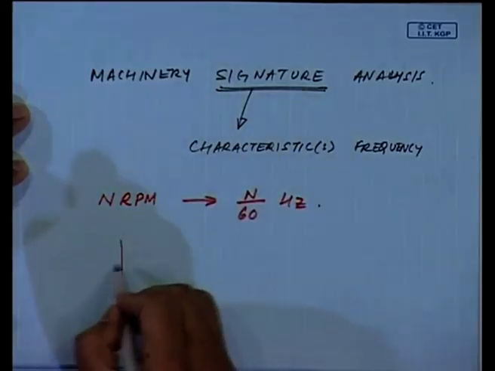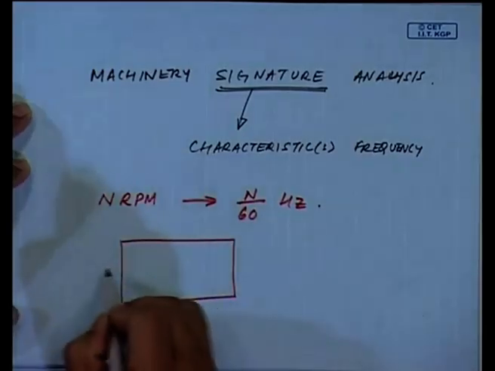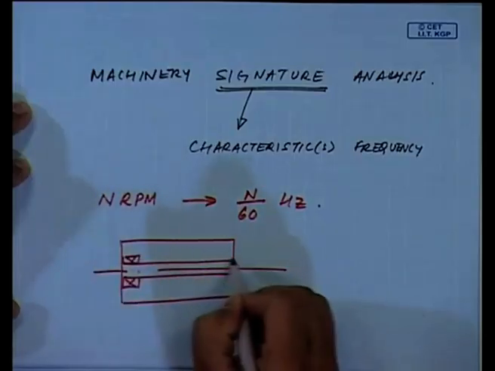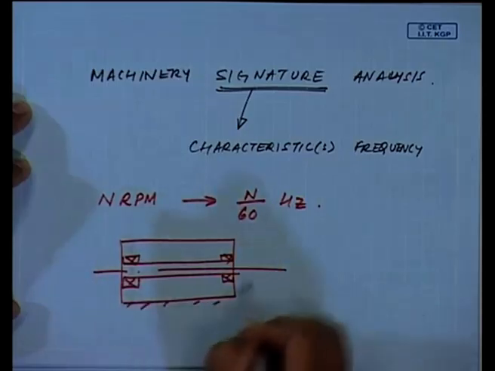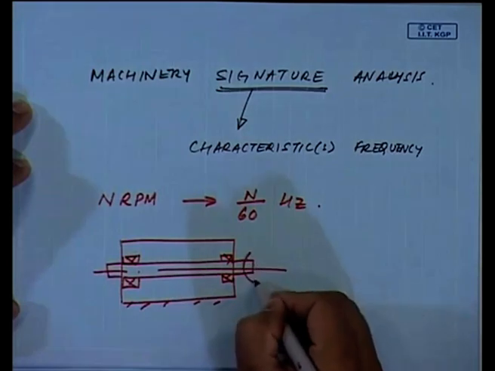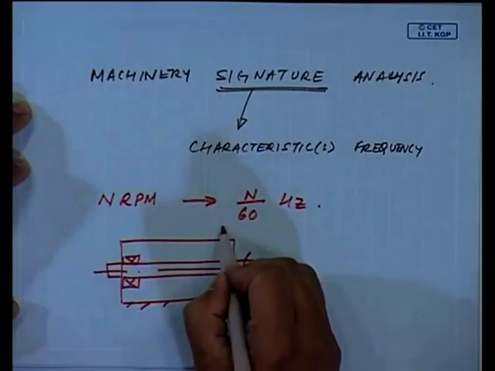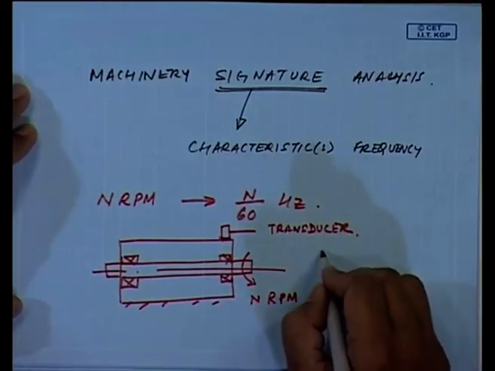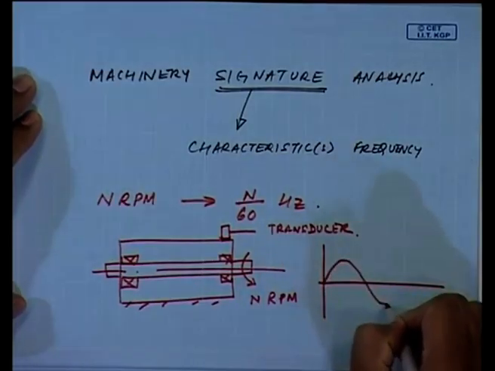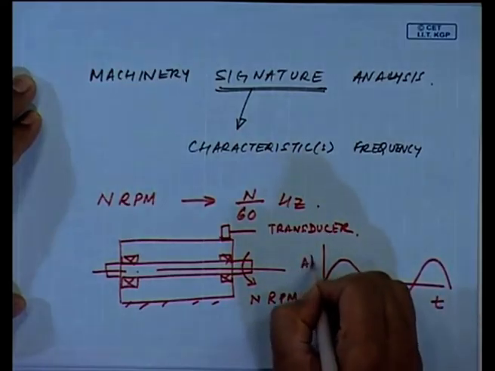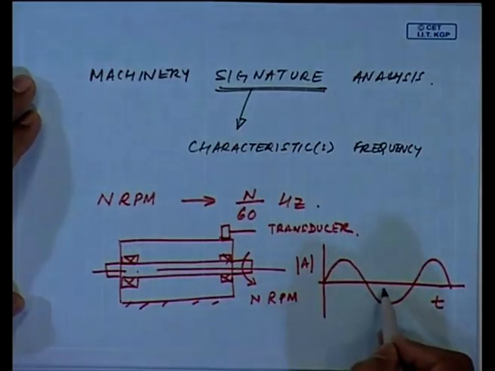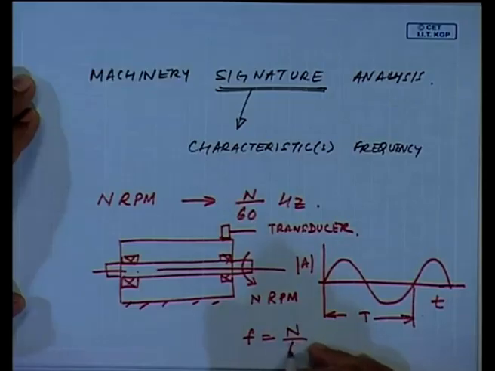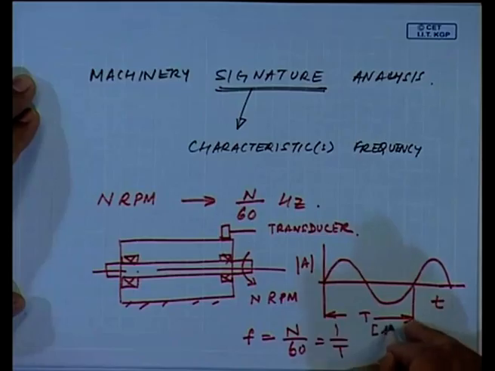So, if I have just a machine, maybe a shaft supported on a bearing, and this was rotating at n rpm, and if I had put a transducer here, you all can appreciate the fact that in the time domain the signal obtained by such a transducer would somehow look like this, and the inverse of its time period is the frequency: f is equal to n by 60 is equal to 1 by T, where T is in seconds.